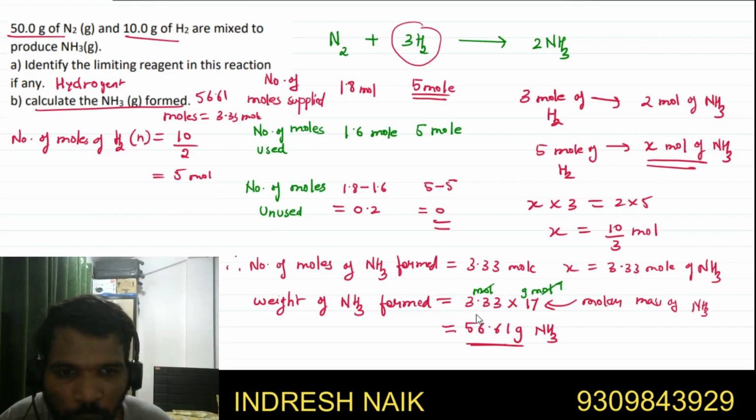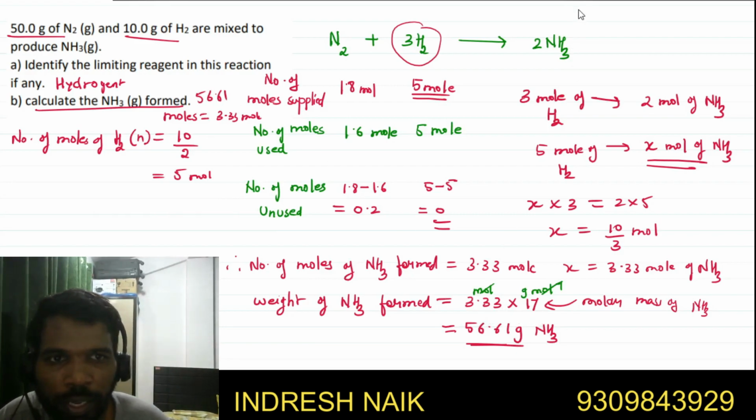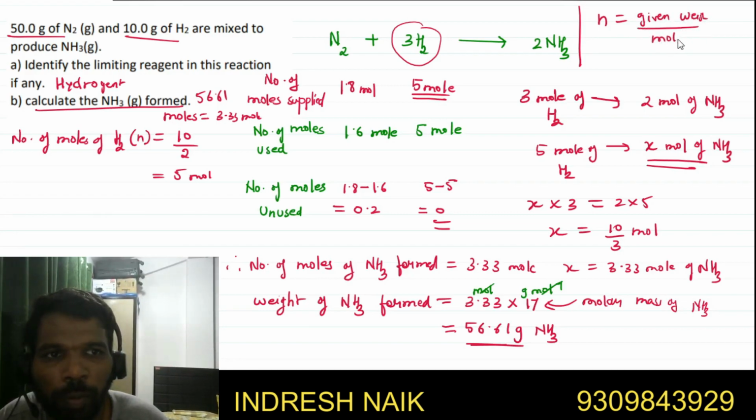So this relation I have written could be derived from here also. How do we write number of moles? It is given weight upon molar mass, or molecular mass, or atomic mass, right? So here the weight is the actual weight of that particular compound.